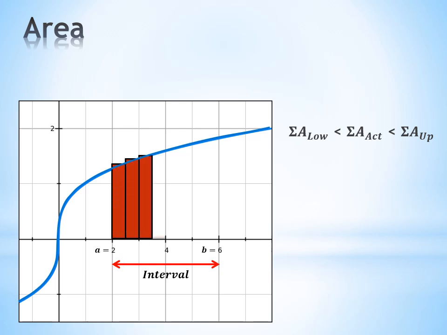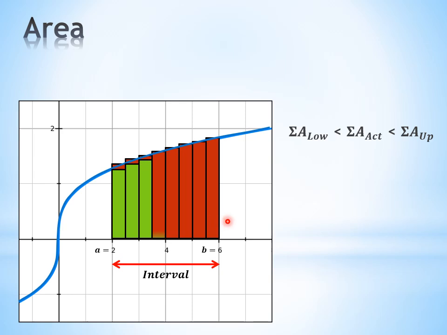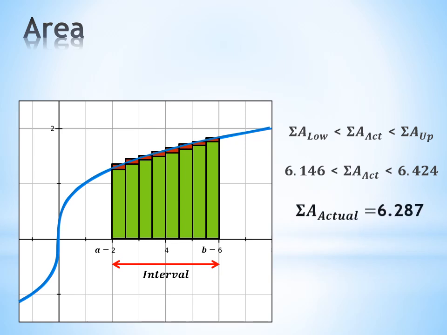So we have the upper area here that we add all together, and then the lower areas that we add all together. That means our actual area is going to be somewhere between 6.146 and 6.424. And if you integrate the cube root of a function from 2 to 6, you're actually going to get an area of 6.287, which you can see is in between those two values.